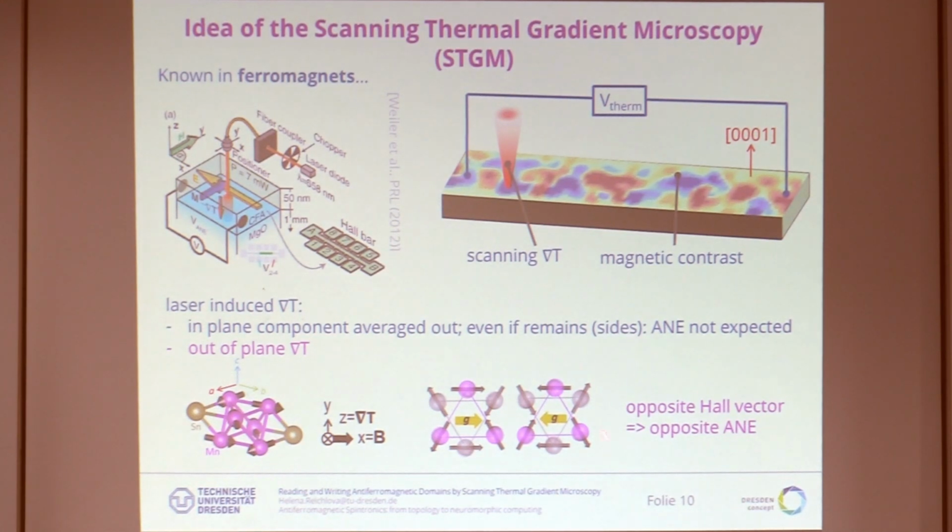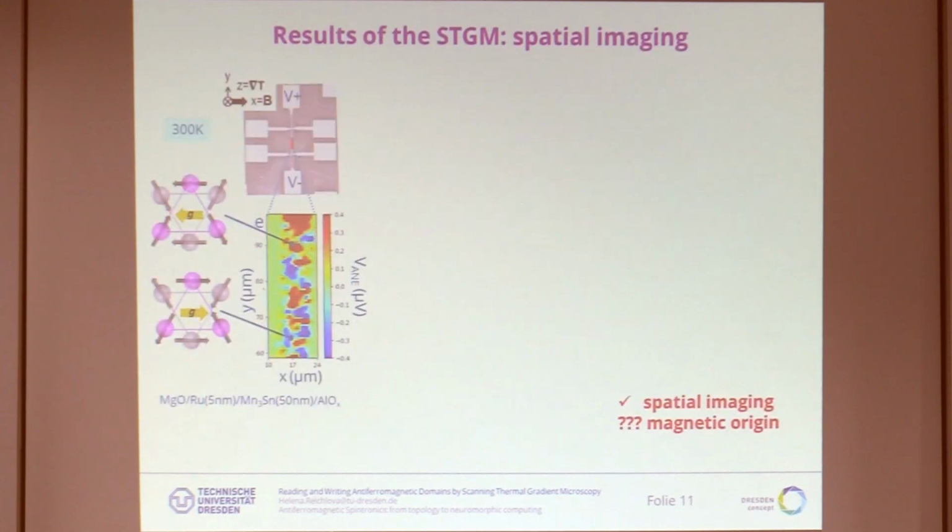It doesn't matter, it's simply two different magnetically ordered grains or domains, and these two should yield different anomalous Nernst signals. So this is what we did. We prepared a Hall bar, and then we detect the voltage in these two contacts, and in this small region we are scanning with our laser.